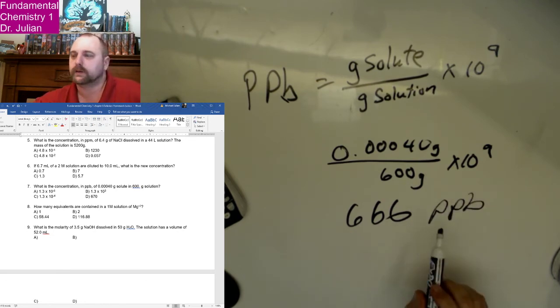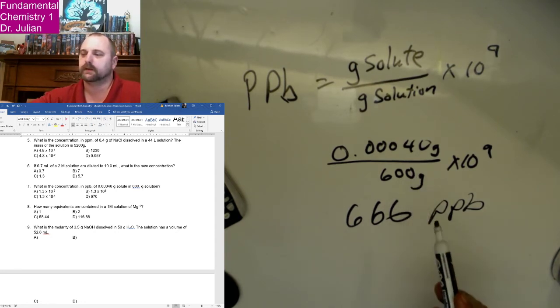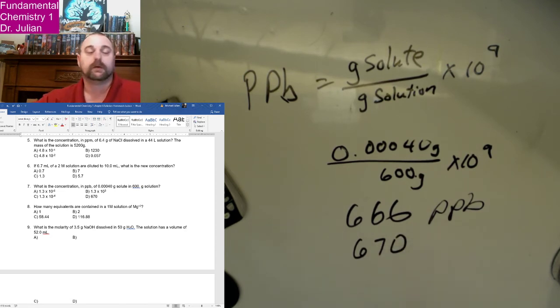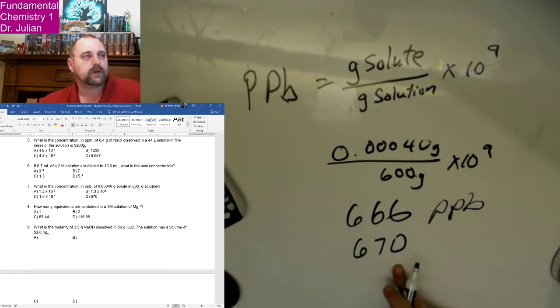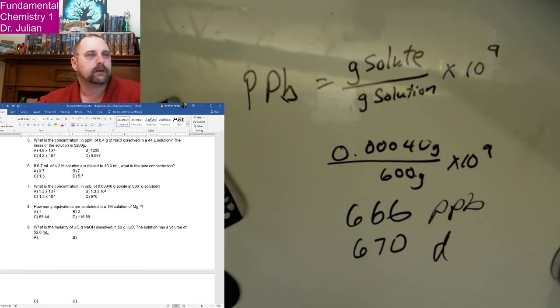But notice this had 2 sig figs. This had 3 sig figs. So this one should be 670, no decimal place, to be 2 sig figs. And so it's the only one close, but that is also the correct answer. And so that's D.